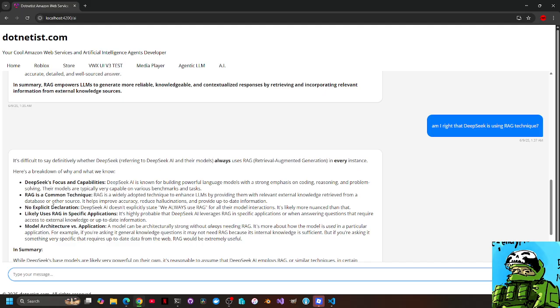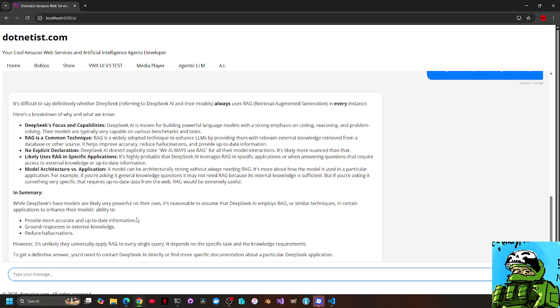No explicit declaration. DeepSeek AI doesn't explicitly state that they always use RAG for all their model interactions. It's likely more nuanced than that. Likely uses RAG in specific applications. It's highly probable that DeepSeek AI leverages RAG in specific applications, such as answering questions that require access to external knowledge or up-to-date information.